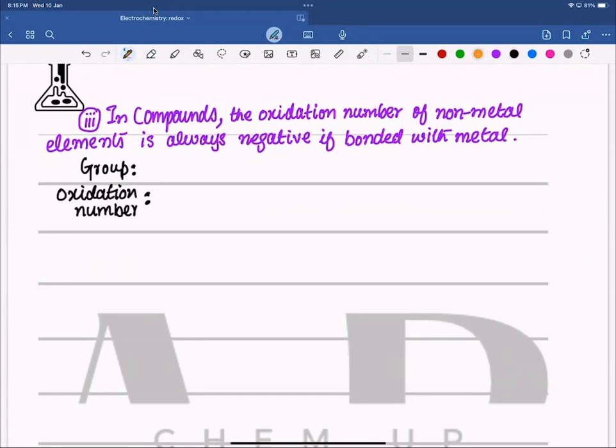So non-metals are usually present in group 4, group 5, group 6, and group 7. So group 4 usually has -2 oxidation number. Group 5 has -3 oxidation number.